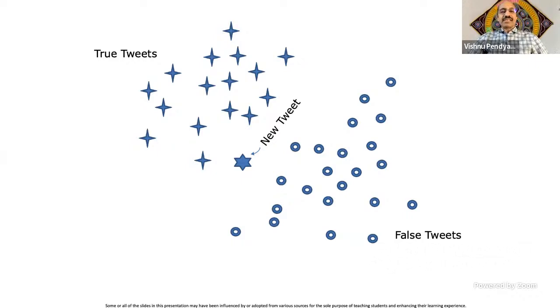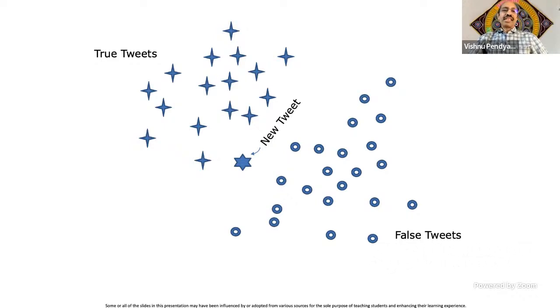Support vector machines can be used for both classification of data or regression problems. But they are more popular for classification, and that will be the focus of today's talk. So here, for instance, there are tweets that are classified as true on the left-hand side and false on the right-hand side.